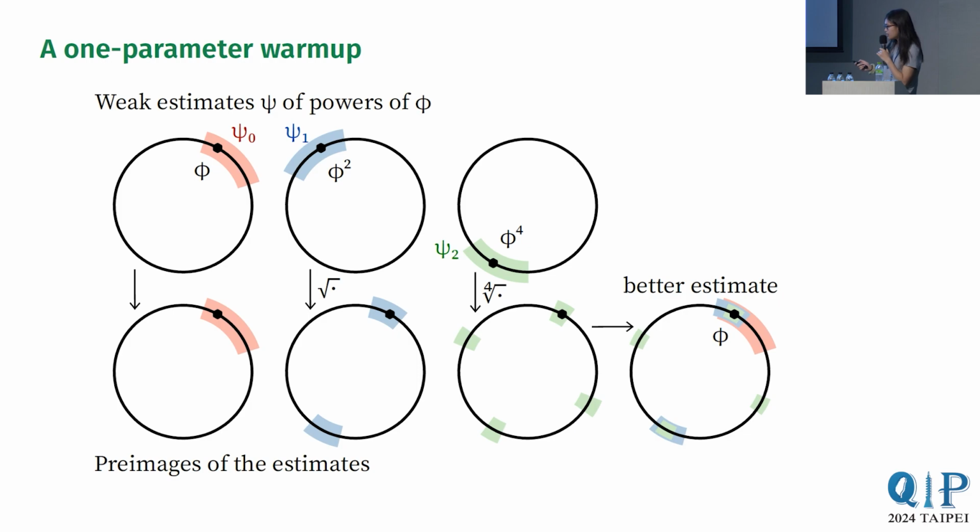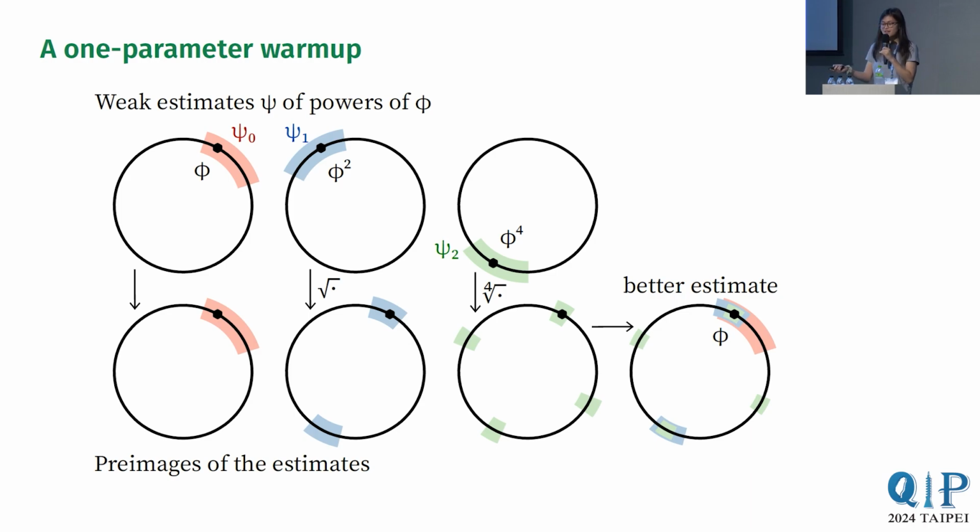If you think about what's happening, every estimate that you get is going to tell you a constant size interval that you know that phi is in, phi squared, phi to the 4th, and so on. So you're getting only constant error estimates to phi squared, phi to the 4th.